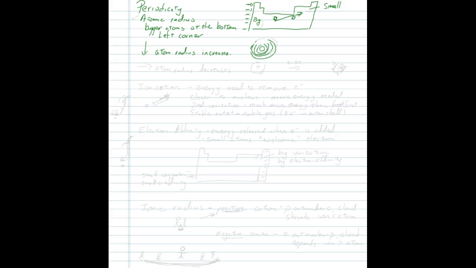What is less obvious is that as you go from left to right, the atomic radius decreases. What happens is you have a greater proton density.